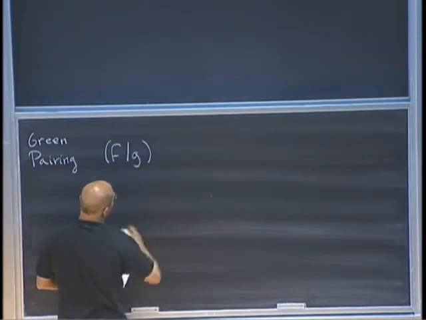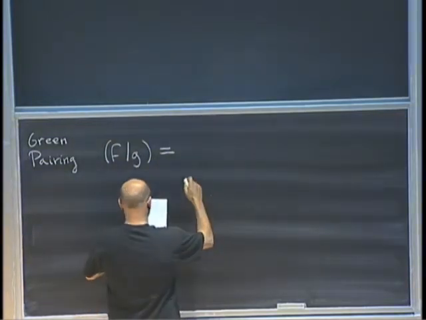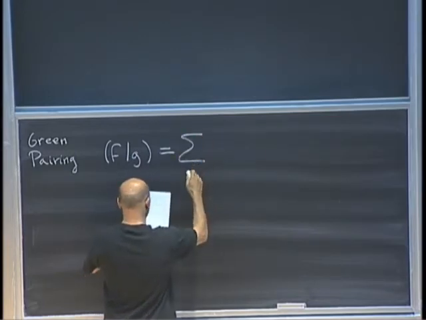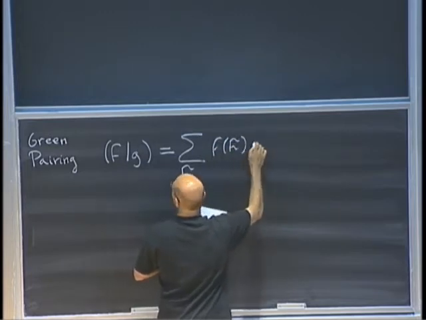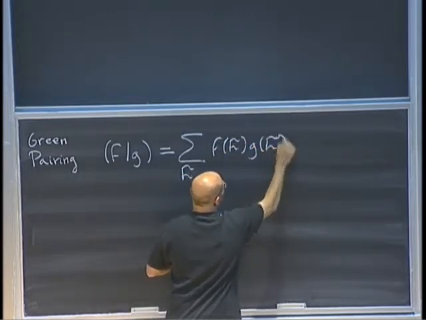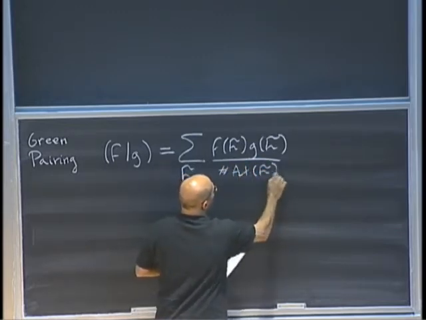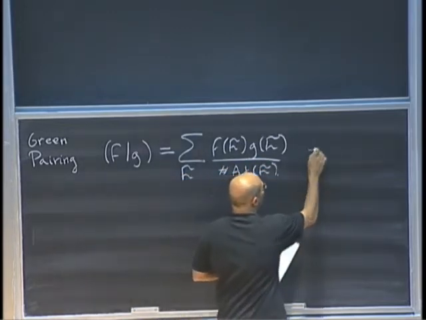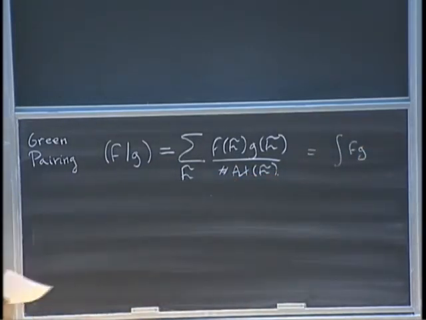I have two functions, and the pairing of f and g is simply the integral of fg. And the way to write it here is you take the sum over all sheaves, f of F, g of F, divided by the number of automorphisms of F. But really, this is just the integral of fg. You can choose also the Hermitian pairing, but maybe it's more natural, but I will stick with this one.